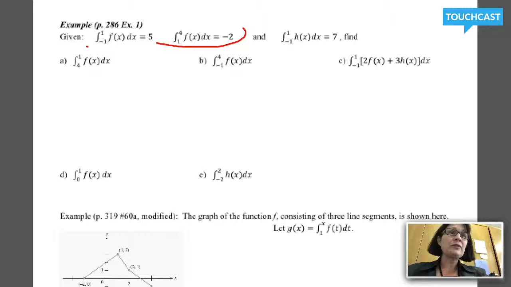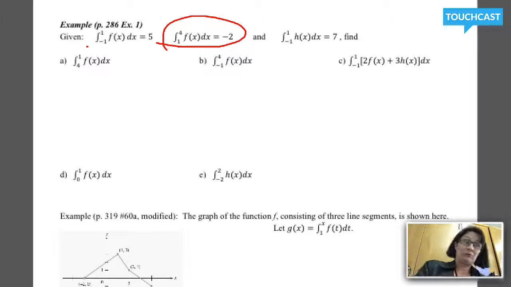This is an expression for the area under f between +1 and 4. And this is an expression for the area under f between -1 and 1. So if I think about taking those two areas and squishing them up together next to each other at the place where x equals 1, I'm going to get the area between -1 and 4, which is what I want.